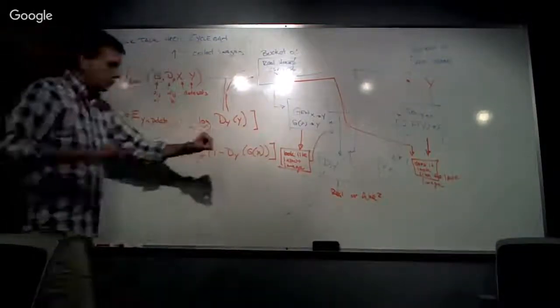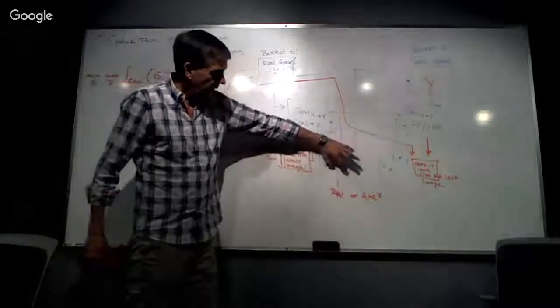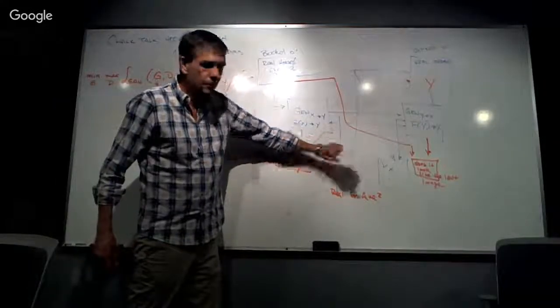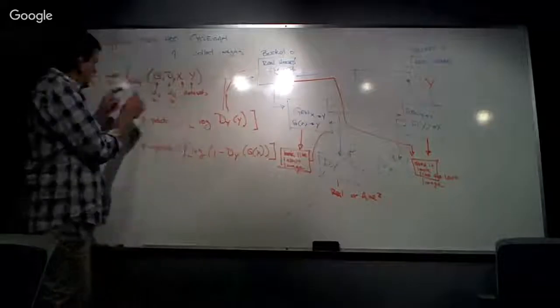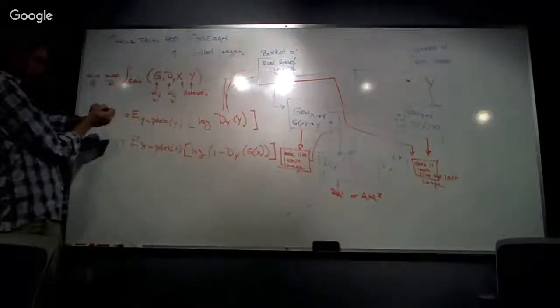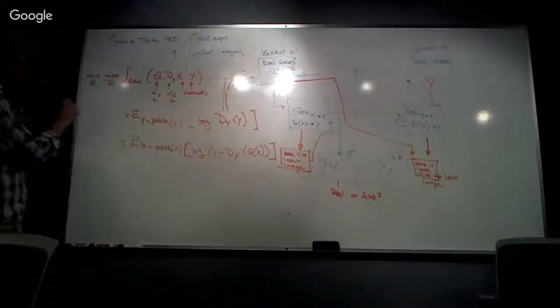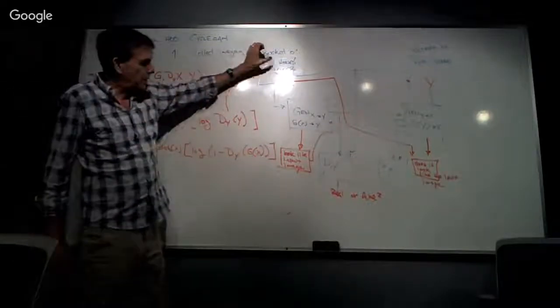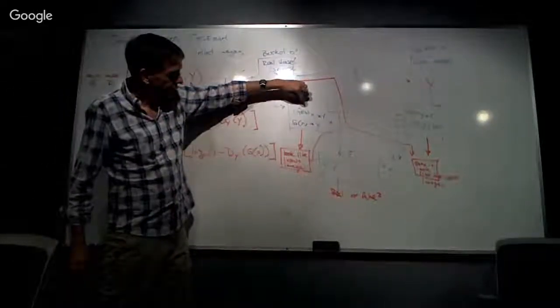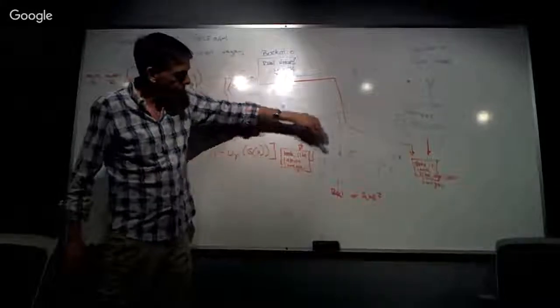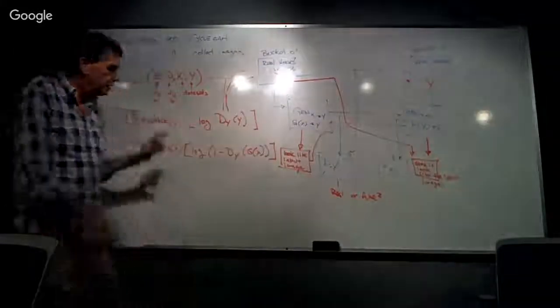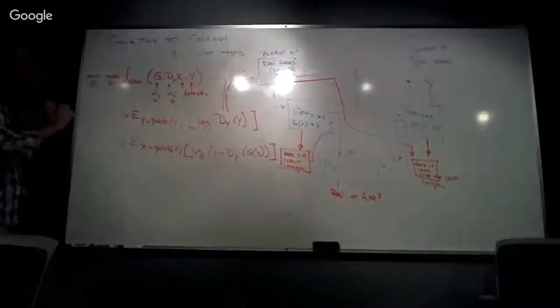So the discriminator really wants to get good at determining whether or not this thing is fake or not. So it wants to make this as big as possible, actually. Yeah, that's right. And the generator wants to make the images that it produces fool this thing a ton. So it wants to make this thing as small as possible.